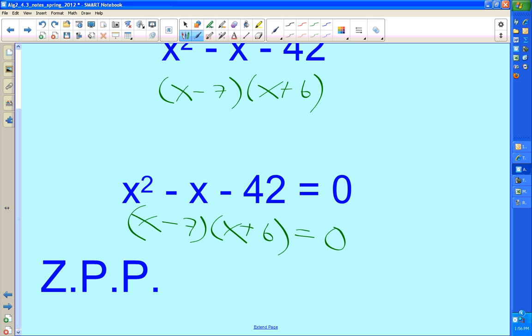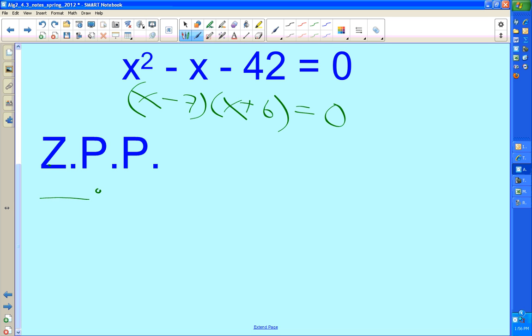Why did we teach you to factor? Why did we teach you that something times something equals 0? Why do we want that? Right here. Yeah, what is that? Zero product property. The zero product property tells you that if you have something times something equals 0, what has to be true?